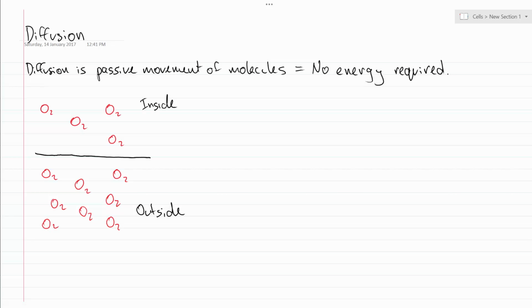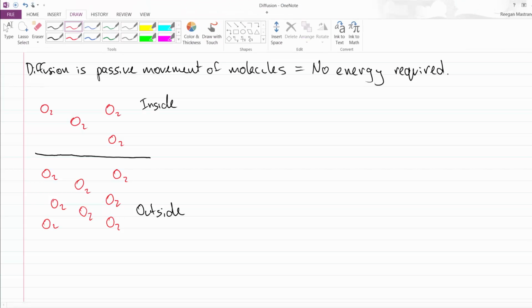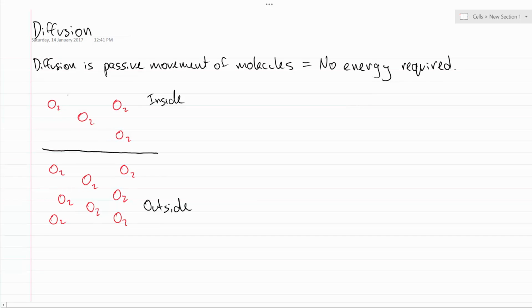So on the outside of the cell we have 8 oxygen molecules, and on the inside of the cell we have 4. Let's add in some carbon dioxide. So 4 on the inside, I'll put in 4 on the outside.